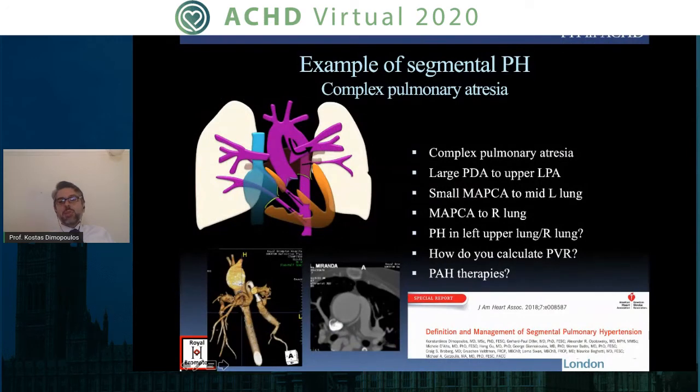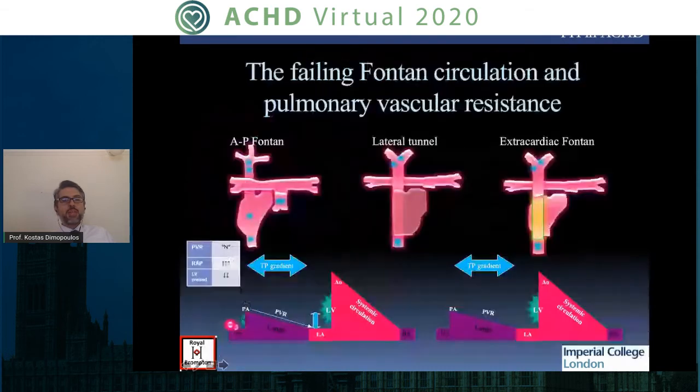For segmental pulmonary hypertension, there is a paper where we, with other colleagues around the world, defined and classified it, the prime example being complex pulmonary atresia with areas of hypoperfused lung but also areas of pulmonary vascular disease within the lung. Now, there is some evidence that PAH therapies may work in these patients, but there is still a lot of work to be done to understand this condition and its management.